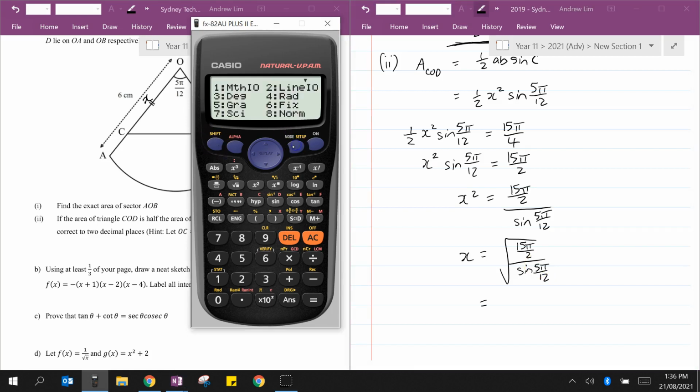So shift mode 4. Alright, so we've got the square root. I'm going to have 15 pi over 2 over sine of 5 pi over 12. 3.94.